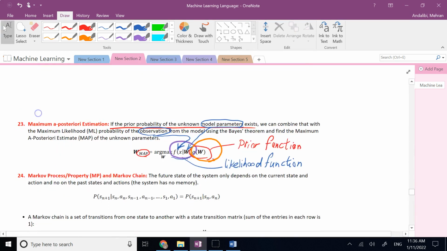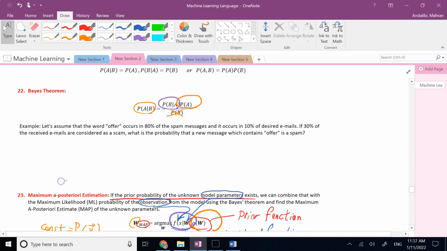P of b for us is the probability of x, the probability of the observation, which has nothing to do with my model parameters. Remember, whether it's maximum likelihood or maximum a posteriori, your goal is to find w. Your goal is to find the parameters. You don't care about the frequency of the data showing up. And by the way, it is a constant term, which has nothing to do with your parameter.